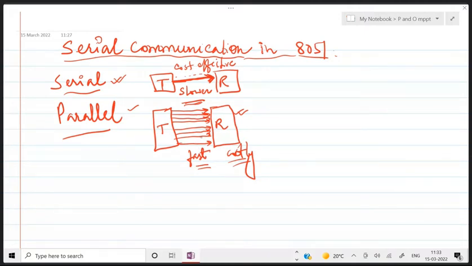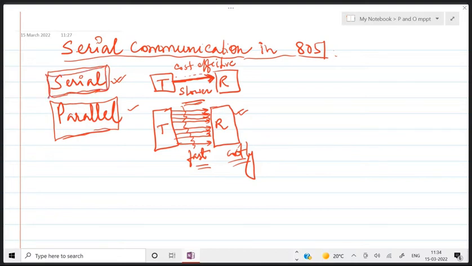There is an option to transmit data in parallel in 8051. You know that we have ports in 8051, and each port has 8 bits, and you can communicate in parallel fashion also in 8051. But as I told you, you definitely require these mediums to connect the transmitter and receiver.